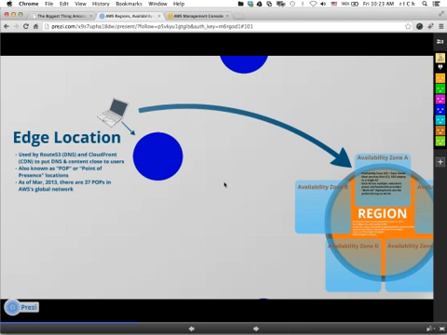And the origin will then send the content back to the edge location, and when subsequent users hit that edge location, they'll pull just from the edge location. Obviously, we can also expire content. Let's say we had some bad JavaScript that made its way out into our production CloudFront distribution. We can expire that content, and then users, when they come back in, will have to go back through the edge location and pull from the origin.